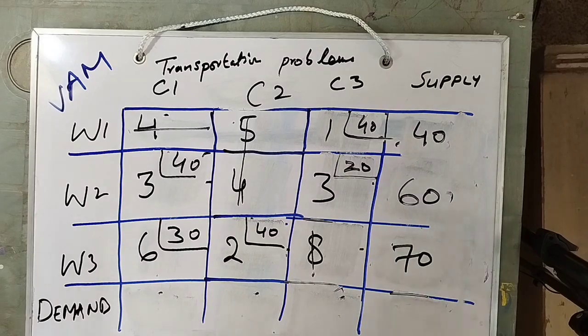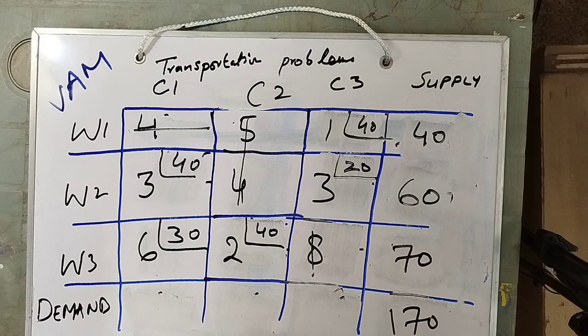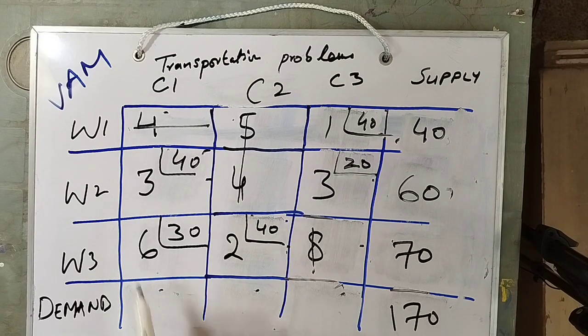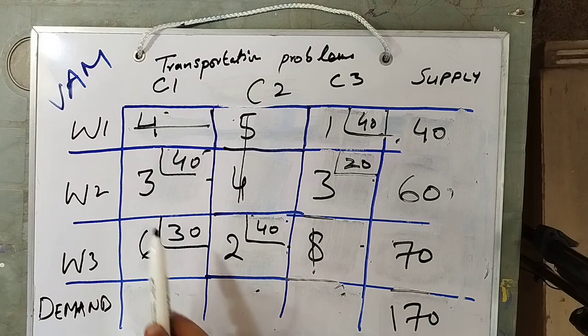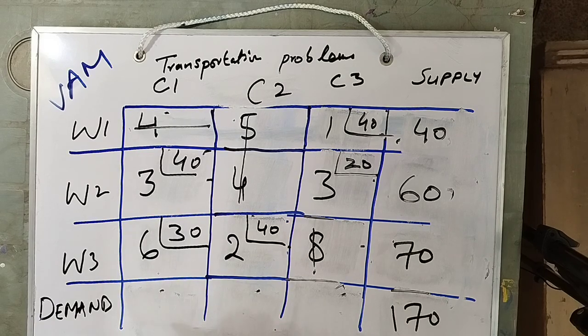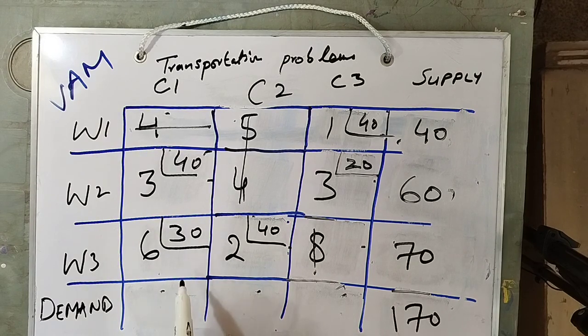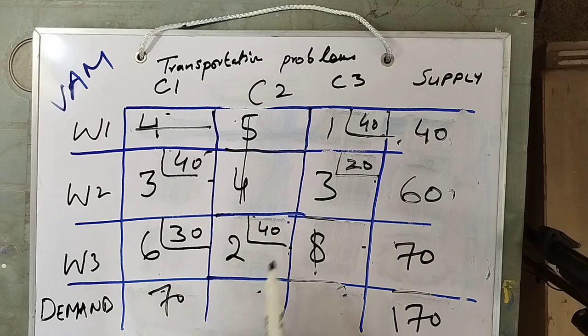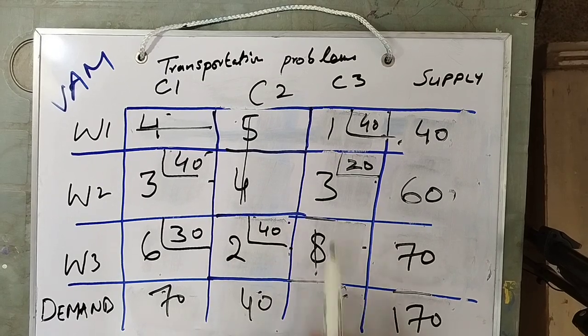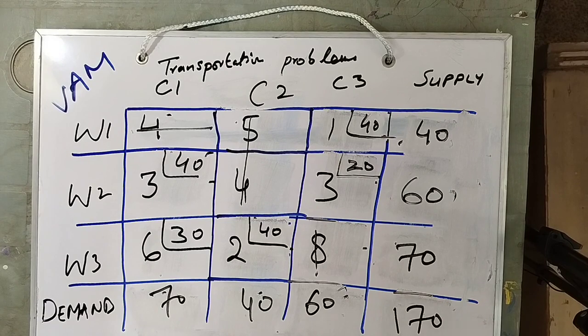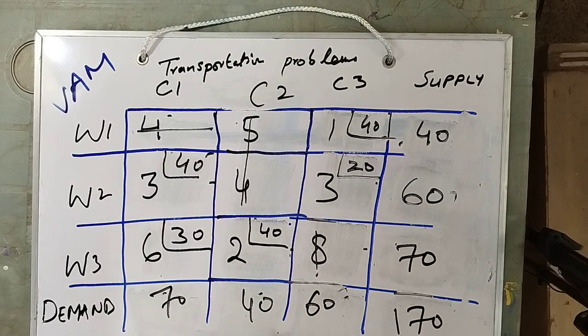So you see 40 plus 60 plus 70, it is total 170. 170 is total allocated. And over here you see demand, since we have to check the demand supply that we are correct or not. So over here you see the total demand is 40 plus 30, 70, 70, 40 over here, and it is 60. So let's count them. 40 plus 70, 110 and 160, 170. So we are done with this.